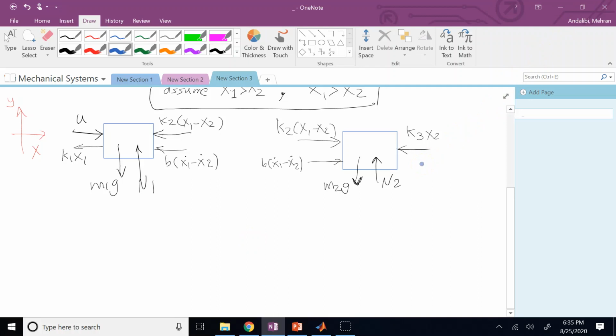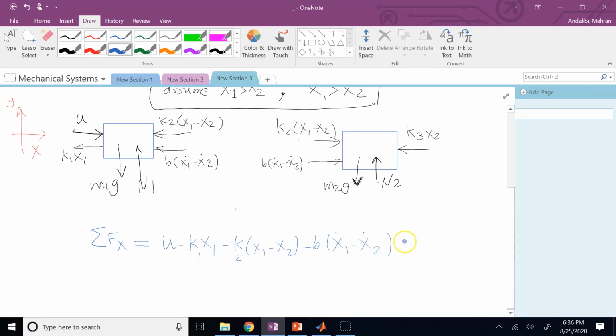So I will get sum of forces in the X direction for this object is equal to U minus K1 x1 minus K2 times (x1 minus x2) minus b times (x1 dot minus x2 dot).